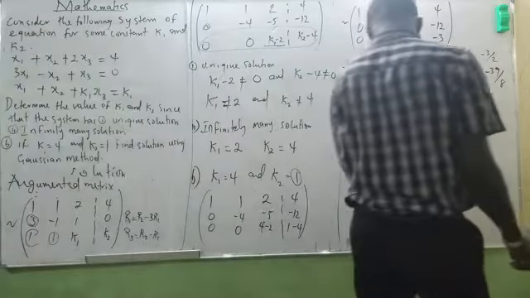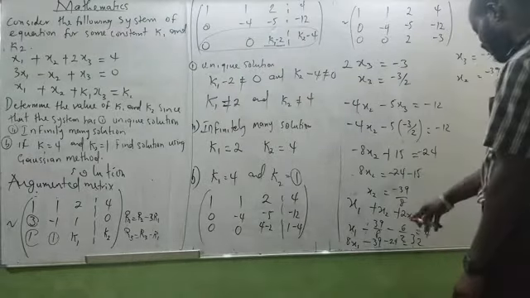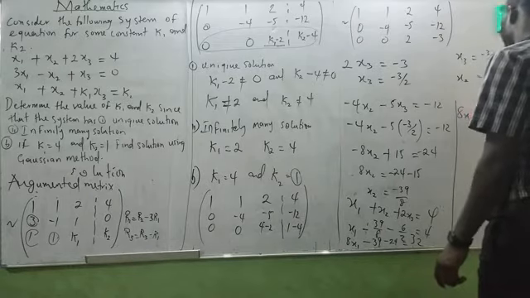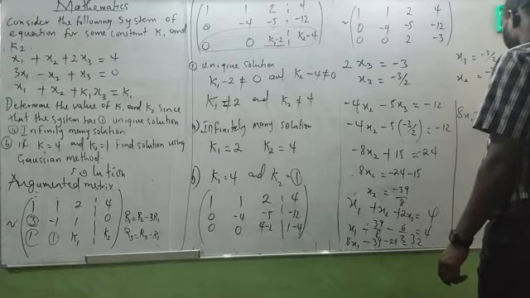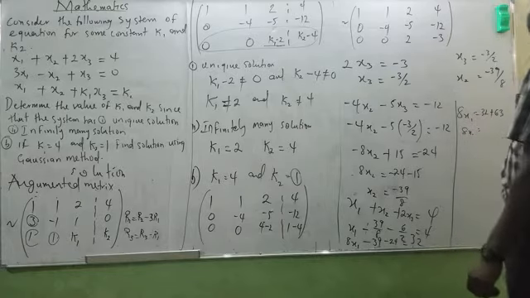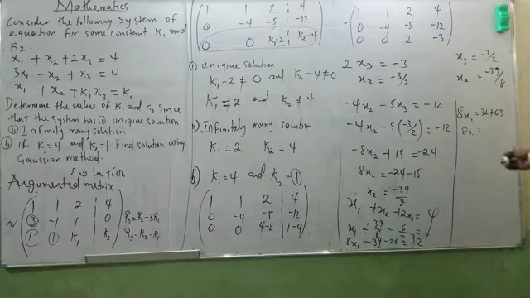Now I will be having 63, sorry, permit me to manage the board. 8x1 equals to 32 plus 63, which I will be having 8x1 equals to what? This plus this, that will be 95 divided by 8, which is my x1 equals to what? 95 divided by 8.